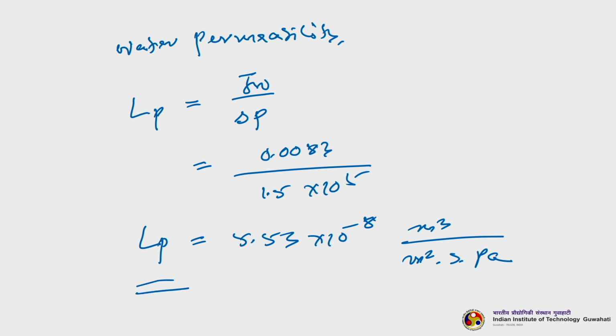So, you see this is a very small problem actually. This is how we can calculate the water permeability, tortuosity factor as well as the resistance to the flow offered by the membrane using the classical Hagen-Poiseuille equation.